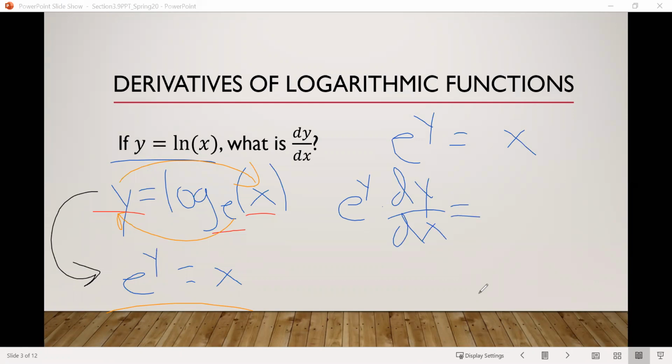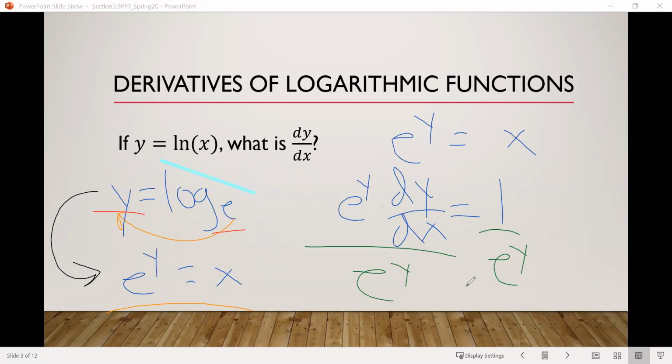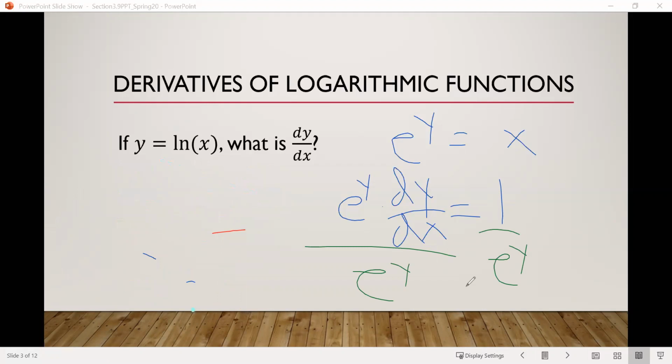Take the derivative of the right-hand side, so of the x, and that's just 1, using our power rule. Then we need to isolate the dy dx, so we'll divide by e to the y on both sides. And what we end up with is dy dx equals 1 over e to the y.